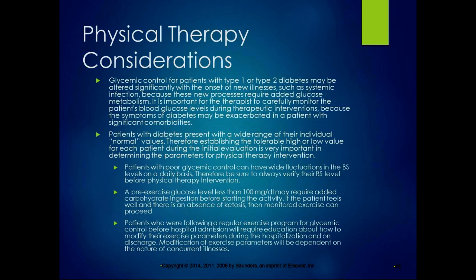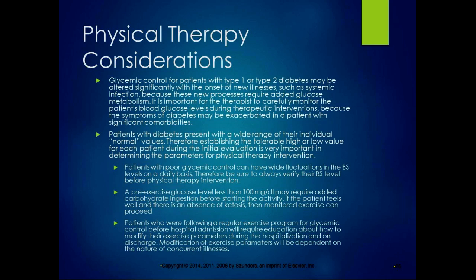It's important for us to carefully monitor the patient's blood glucose levels during therapeutic interventions, because the symptoms of diabetes can be exacerbated in a patient with significant comorbidities. So if they've got a lot going on, plus they've got diabetes, that can really change their reaction to things that we do with them.